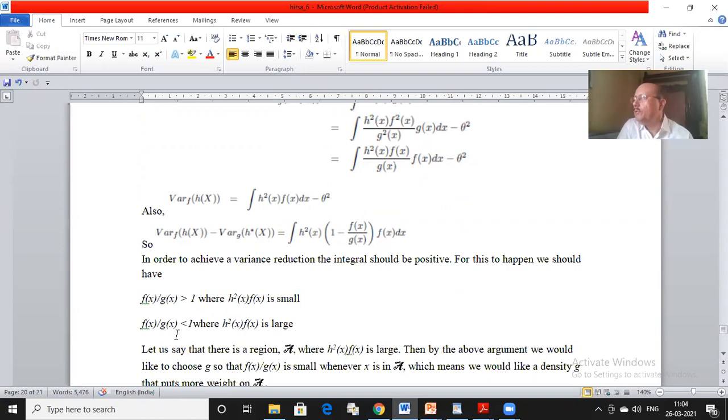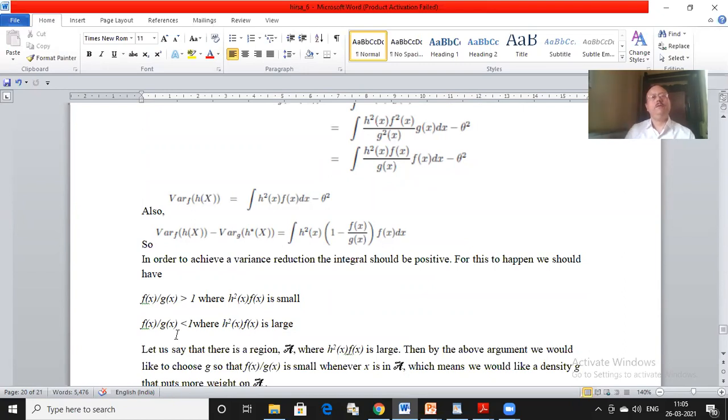You see, both F and G are density functions, so they have the same support. They both integrate to 1. So in some range, f will be bigger than g, but in some other range, g must be bigger than f. It has to be because the integral of both are the same over the same support. So then I need to cleverly choose the region where I want f by g to be small.